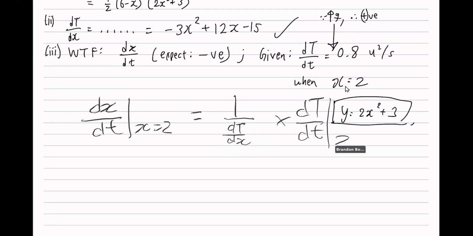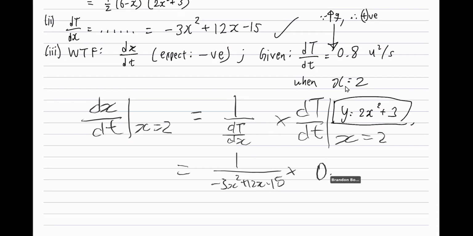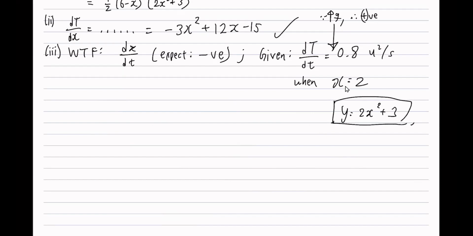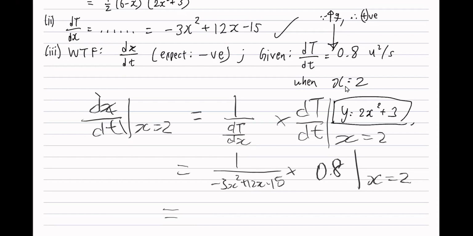Then do this also. After that, 1 over minus 3x plus 4x minus 15, times 0.8. Okay, don't need to write. You know what's going on, right? Sub x equal to 2.